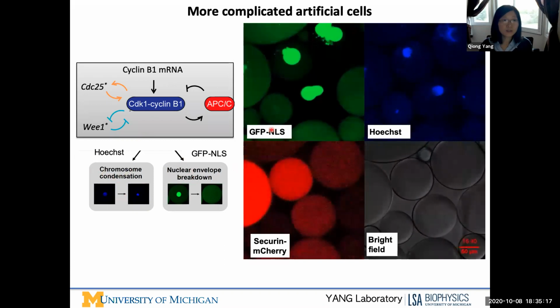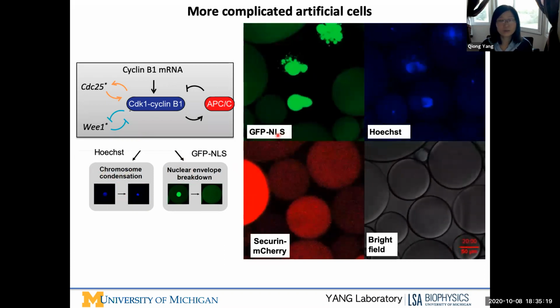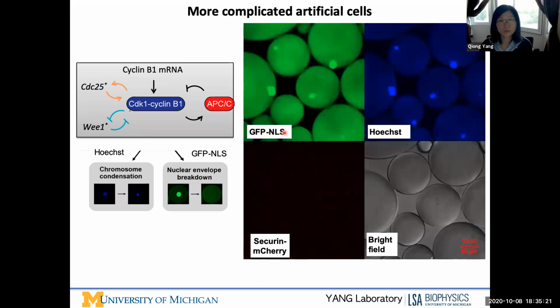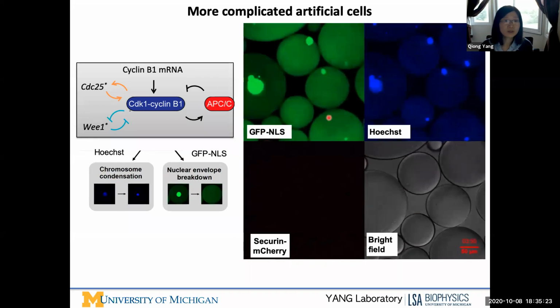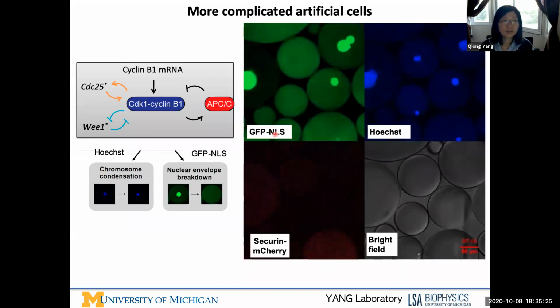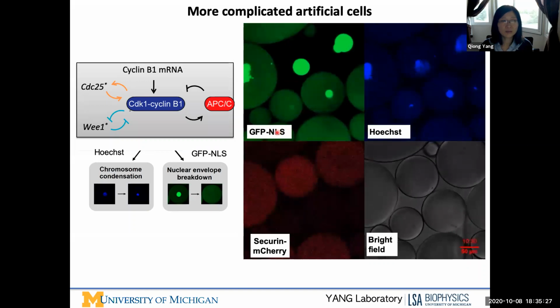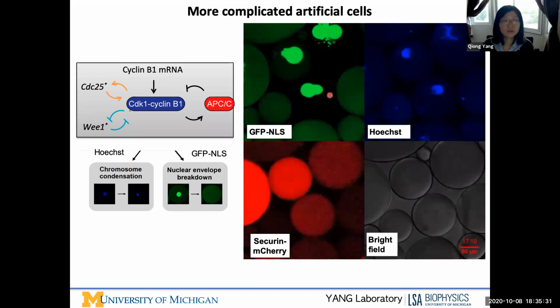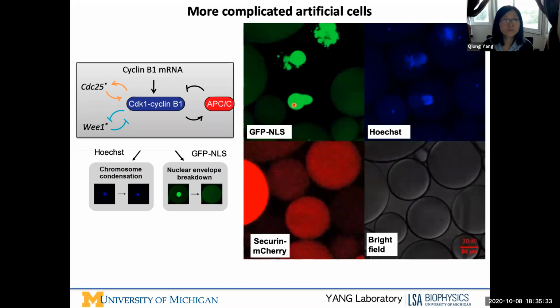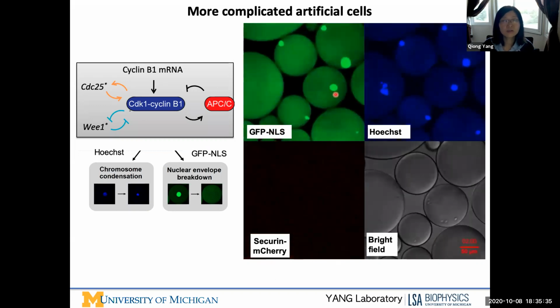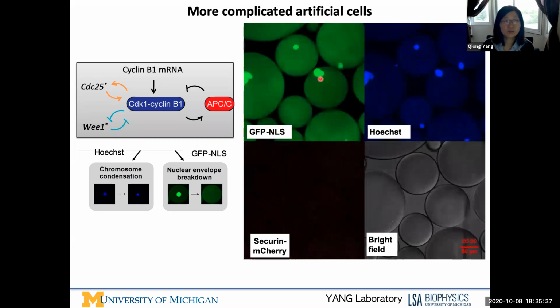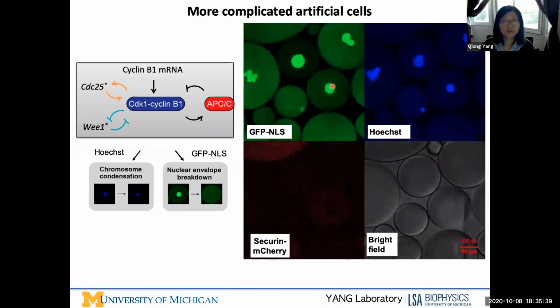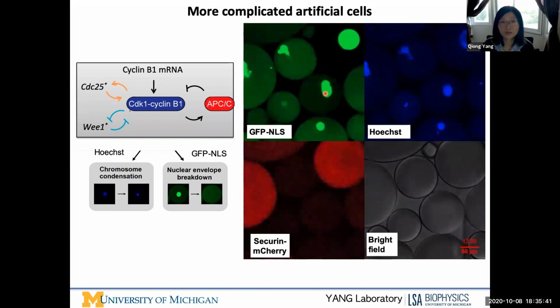We use a nuclear localization signal fused with a green fluorescent protein. The NLS is a signal that always localizes into nuclei. If there is an intact nuclear envelope, as in interphase, all these molecules translocate into the nuclei, so you see the bright green dots here.